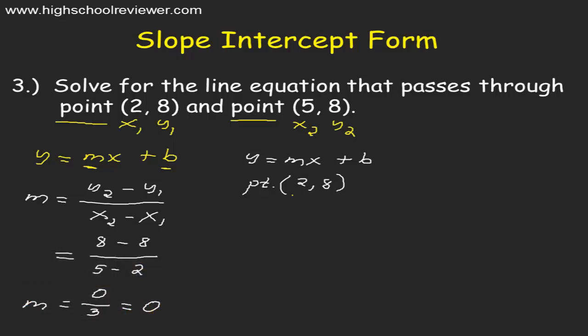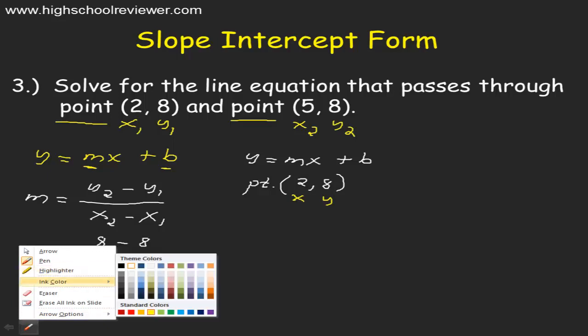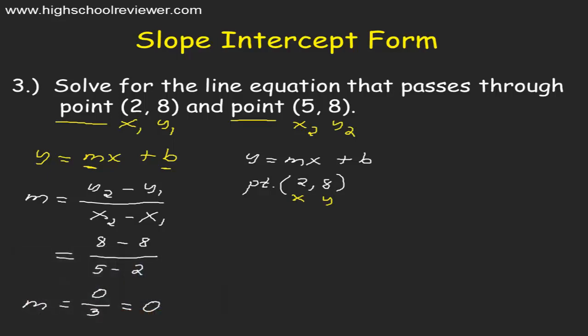Our x here will be positive 2 and our y is positive 8. And then we will substitute that to the equation. So y, that will be positive 8, equals the slope, which is 0 multiplied by x plus the intercept, which is b. So 8 will be equal to 0 multiplied by x, that is 0, plus b. So our intercept is positive 8.